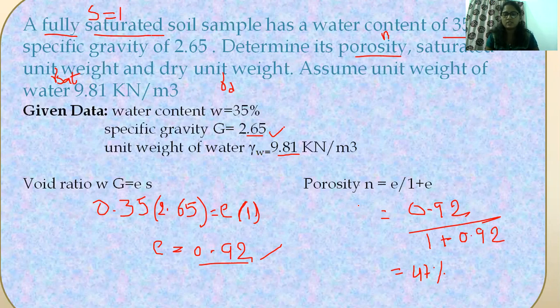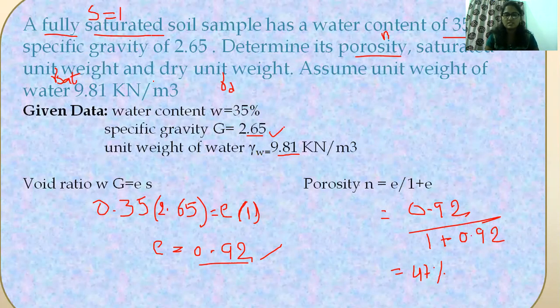Otherwise, if the void ratio were given in the problem, we could directly substitute it in e by 1 plus e. Here the saturation value is not directly given, but the problem mentions fully saturated condition, so fully saturated condition means S is equal to 100%.